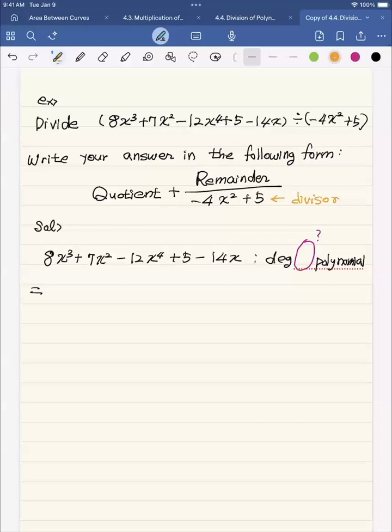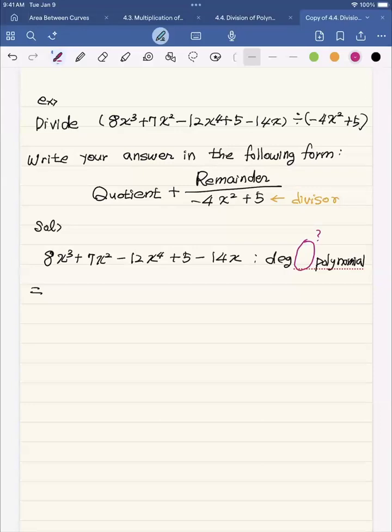When we perform the long division with this pattern, you have to be careful to organize the given polynomial in an orderly manner, meaning you have to organize the terms from the highest degree to the lowest degree.